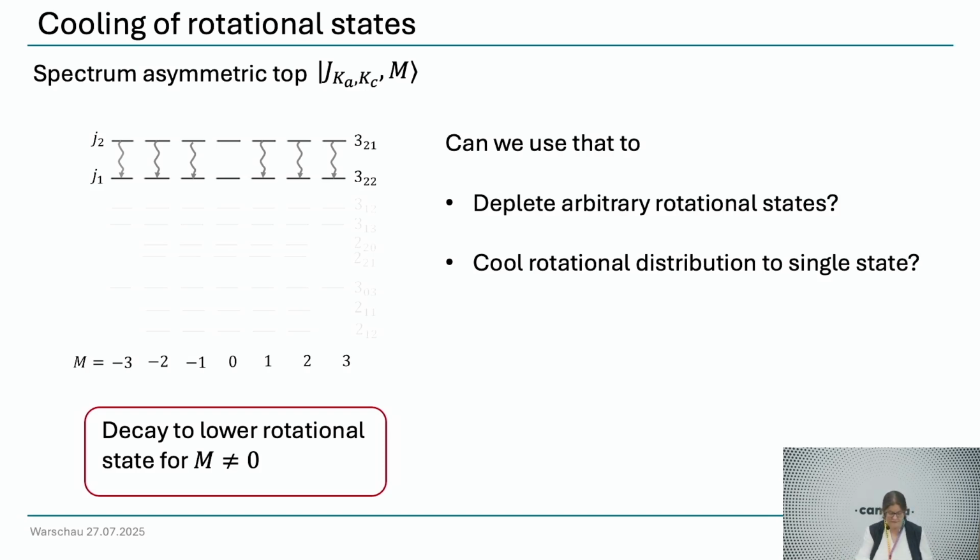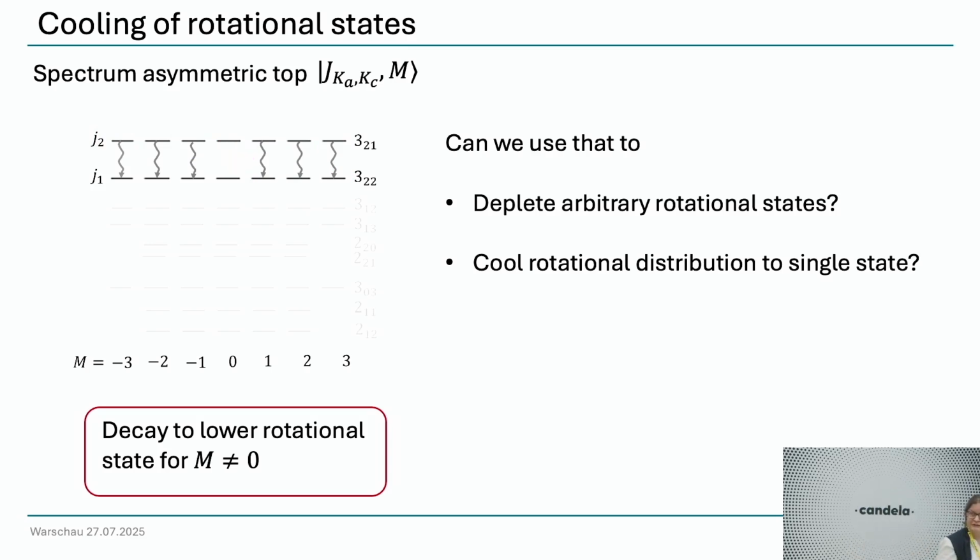So what do we have now? Here is again a sketch of a subspace of the rotational spectrum of an asymmetric top. And when we apply sideband cooling to the atoms, we now have a kind of decay channel between two rotational states, so that everything from this upper rotational state decays to the lower one, except for this M equals 0 state.